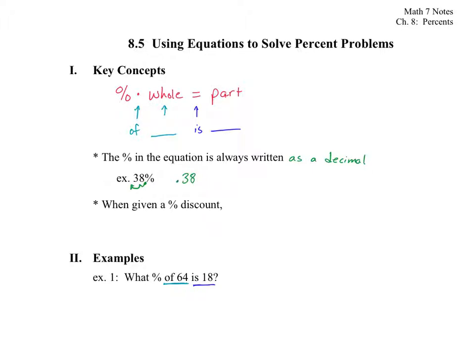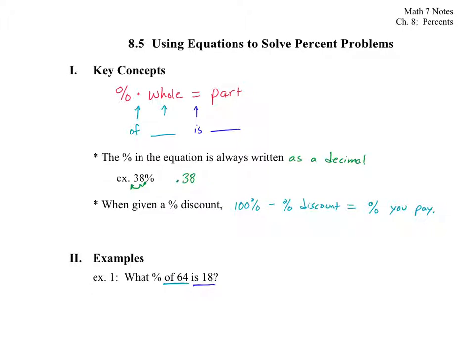The other thing is, if you get a discount, if you're trying to figure out a percent off, there's a couple ways you could do this problem. What I like doing is 100% minus the percent discount equals the percent you pay. So I'm talking about a question where they say, this is the cost of a new snowboard, but it's 30% off.